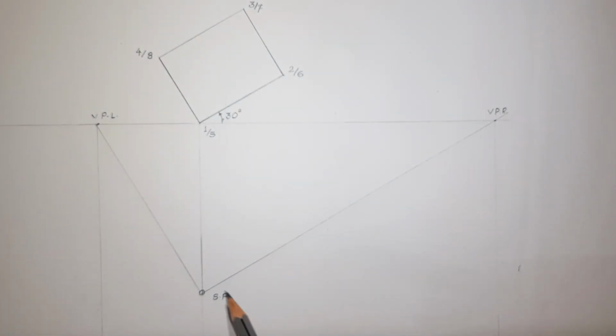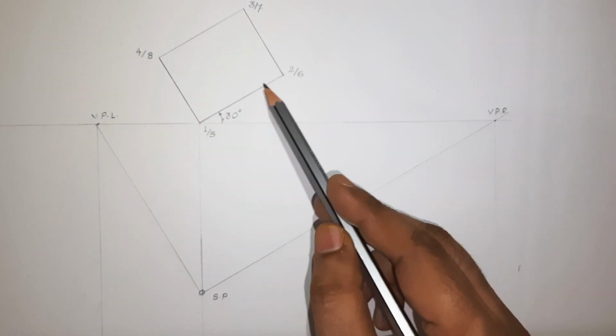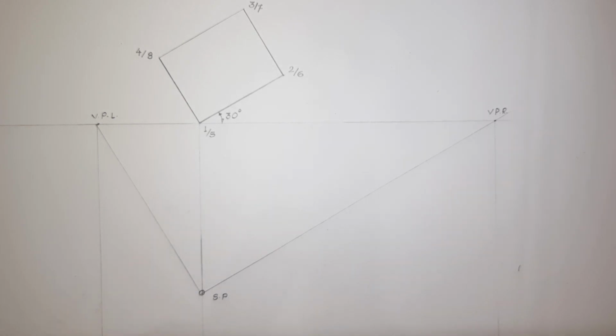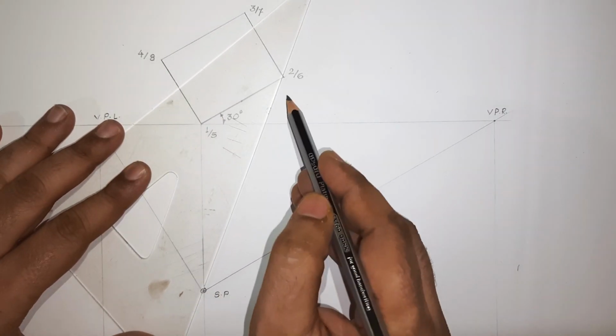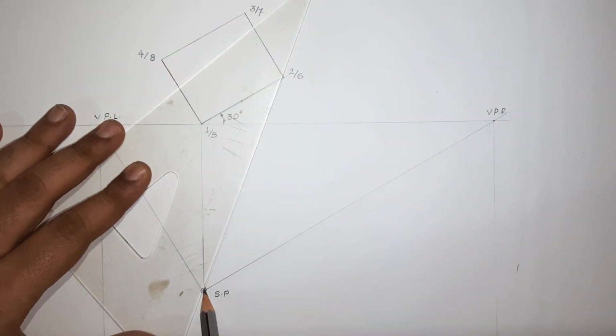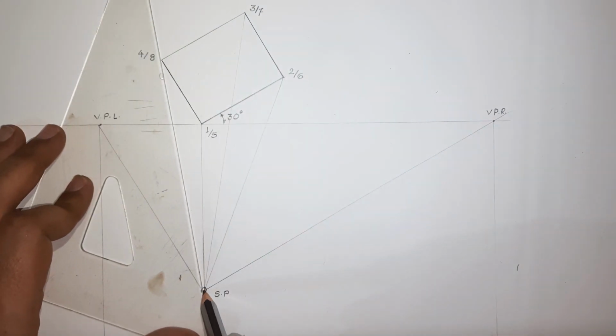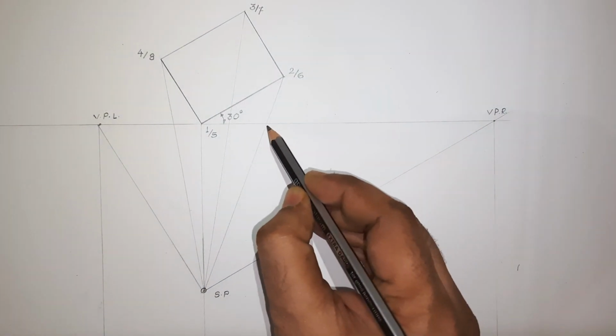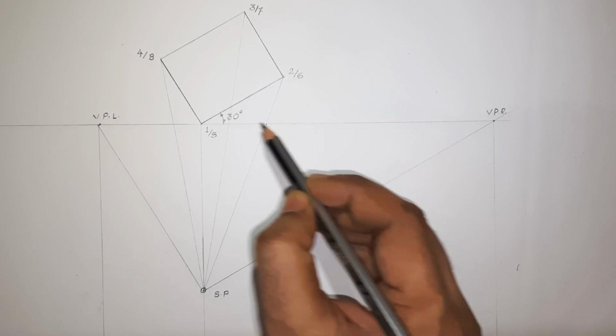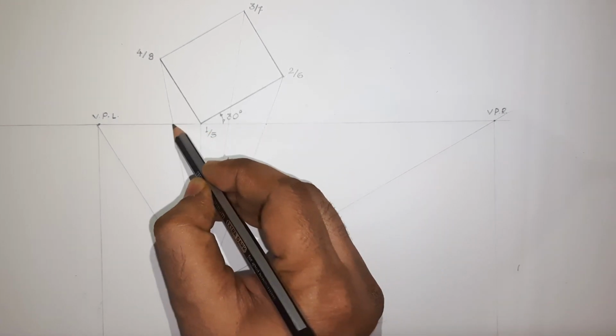The next step is to connect all the corners of this box with the station point, as if we are observing all the corners from this station. Draw the construction lines. Here we can observe these lines have intersected the picture plane at this particular location.